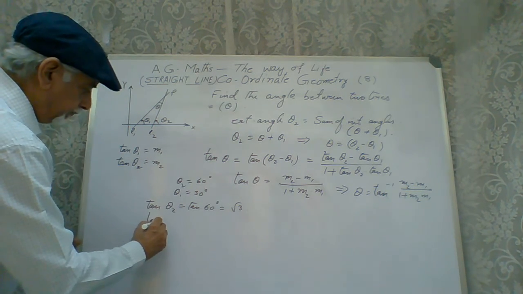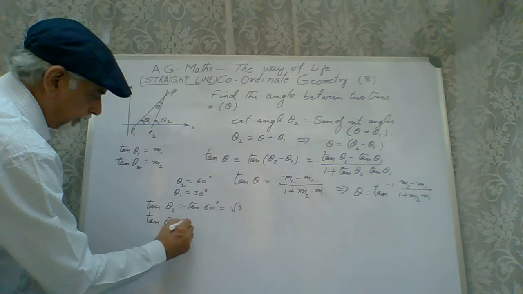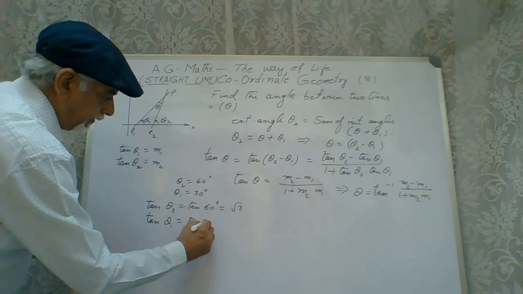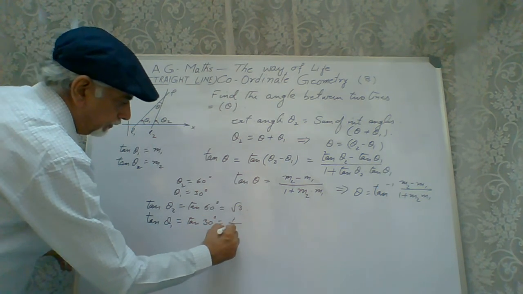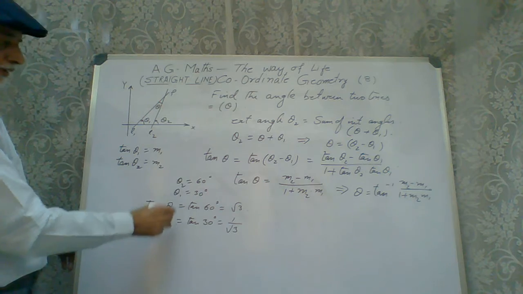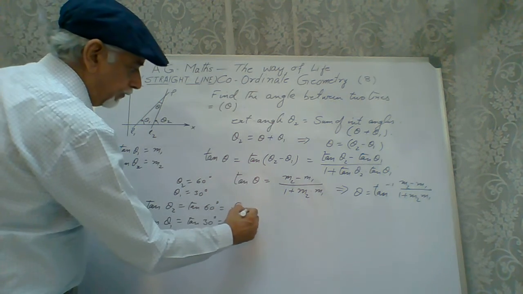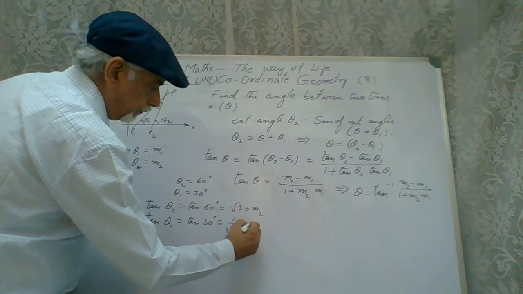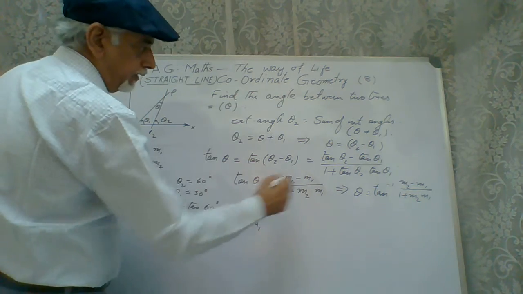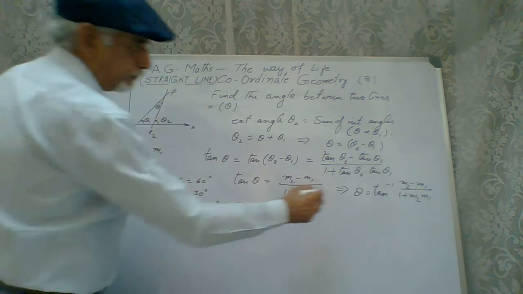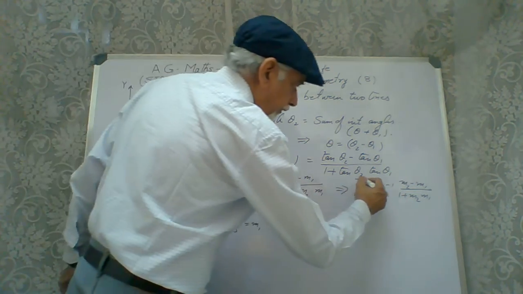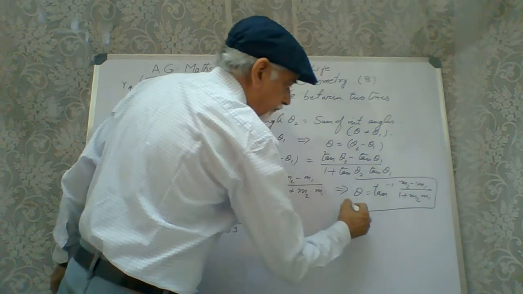And tan of theta 1 is tan of 30 degrees, which is 1 by root 3. Now putting these values of m2 and m1 in my expression of the angle here, this is the result.